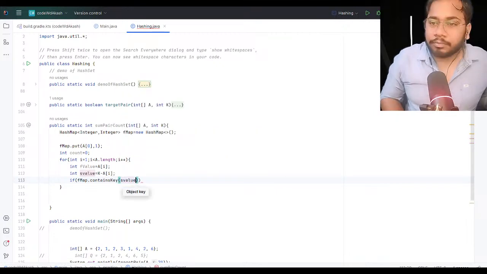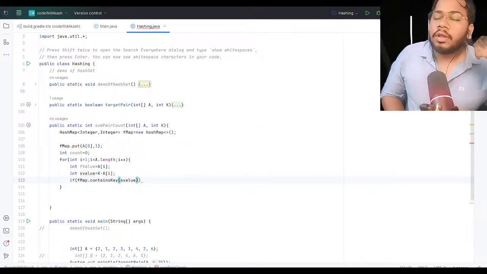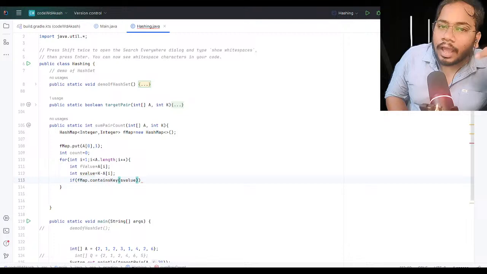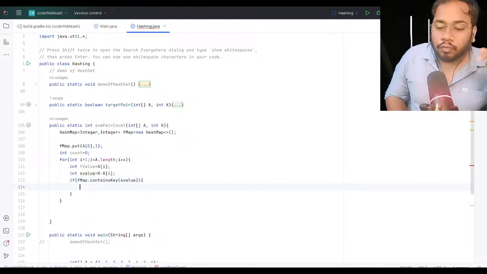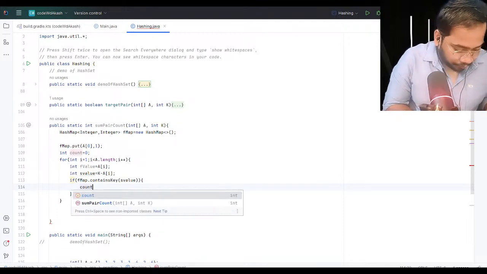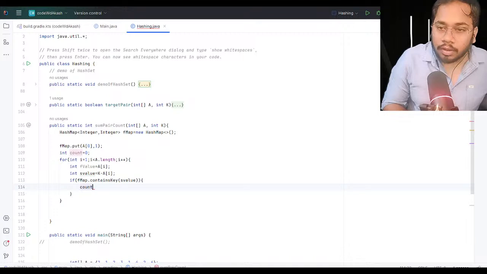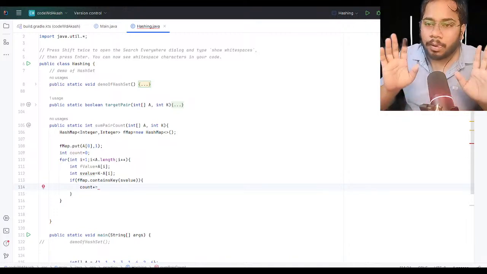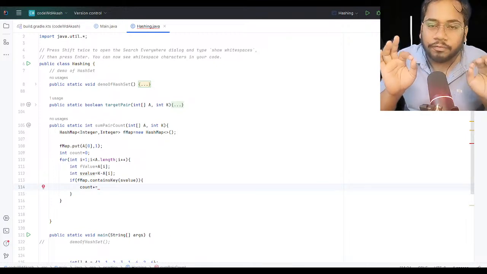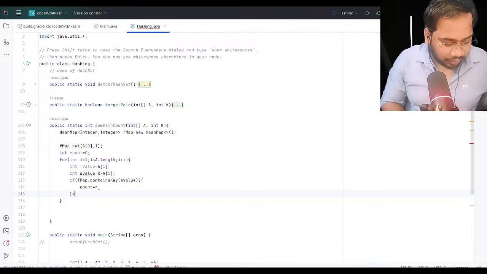We will write something like this. If we have that second value in the frequency map, so what will we do? We will have an else condition as well.